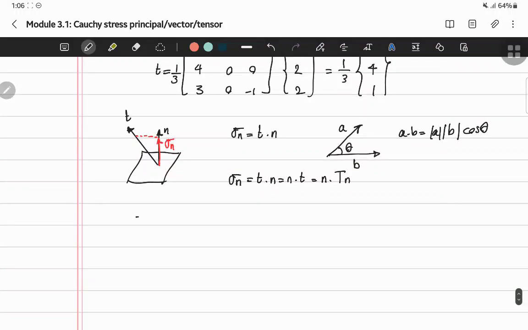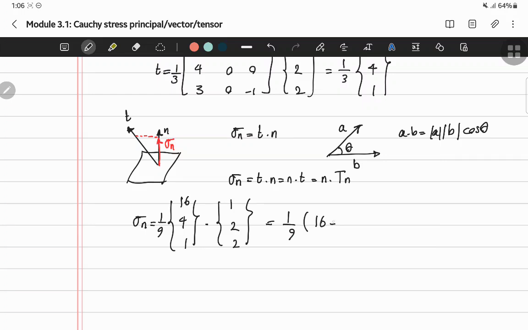So sigma n is equal to 1/3 of 16, 4, 1 dot n, which is 1/3 of 1, 2, 2, so this becomes 1 divided by 9. This is 16 plus 8 plus 2. And basically this becomes 2.89 megapascal, as the book already wrote.